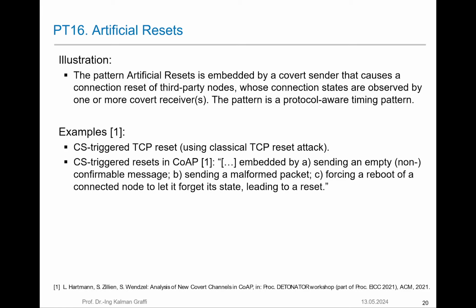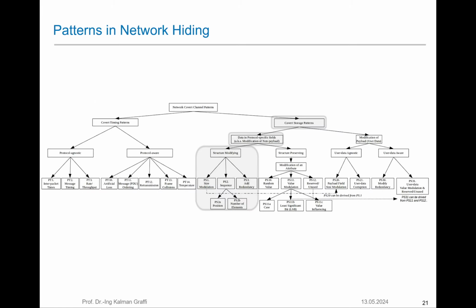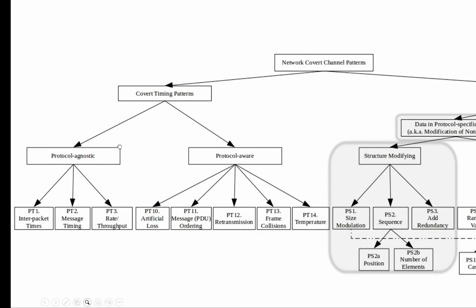Last point: you can also reset some kind of TCP connection, but also in other protocols. It really depends. You can basically ask the protocol to be reset to new parameters, and that can also be observed. But what is the message here? You have this in the covert timing patterns.